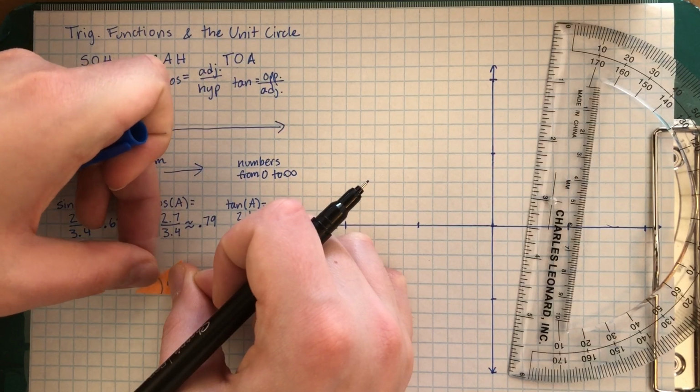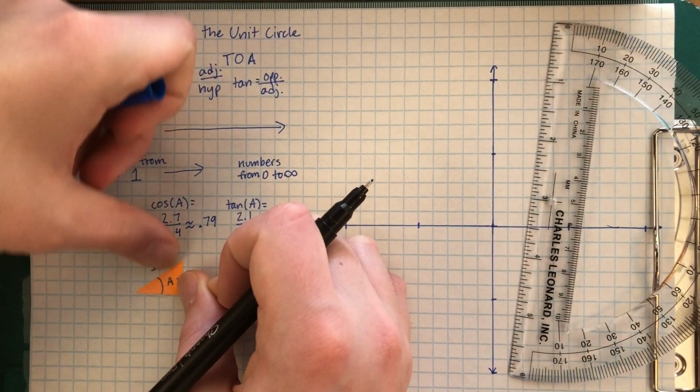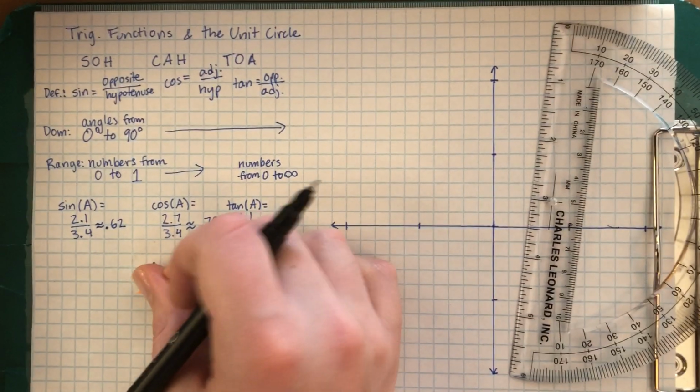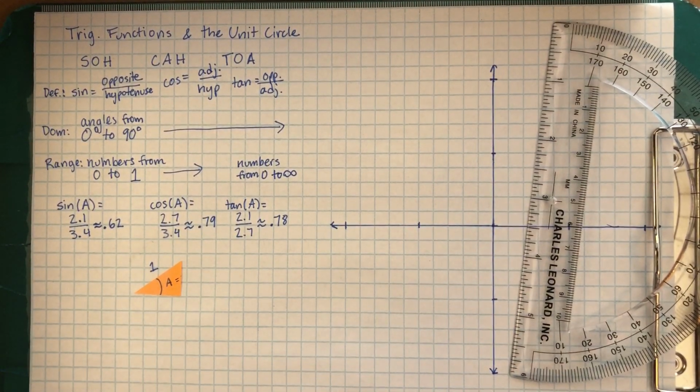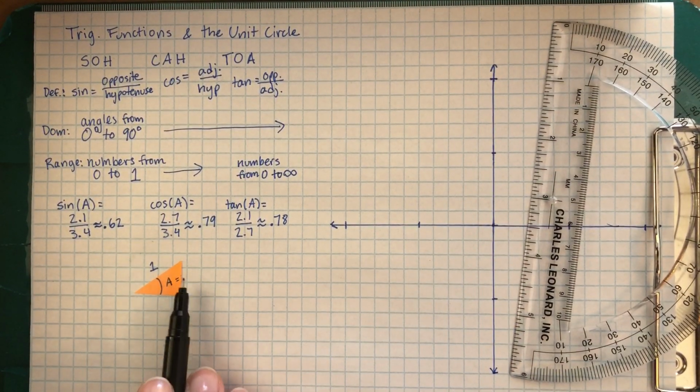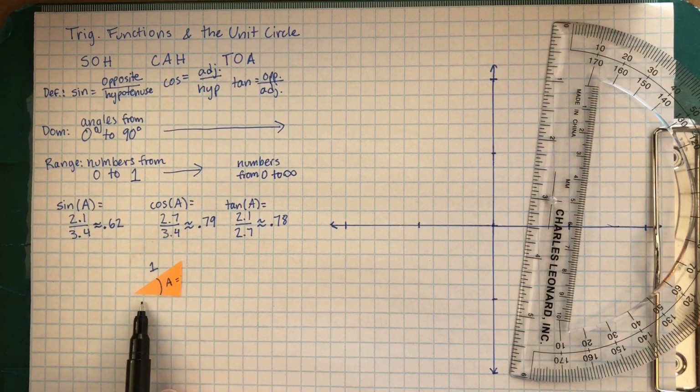I can use the fact that the ratios are the same to figure out what this side should be and what this side should be.